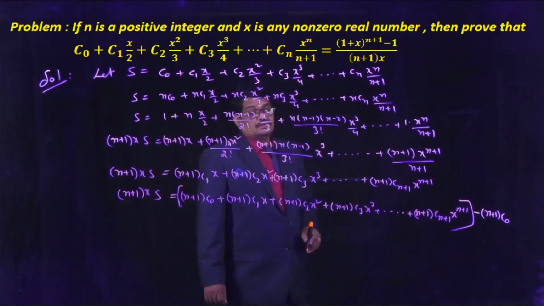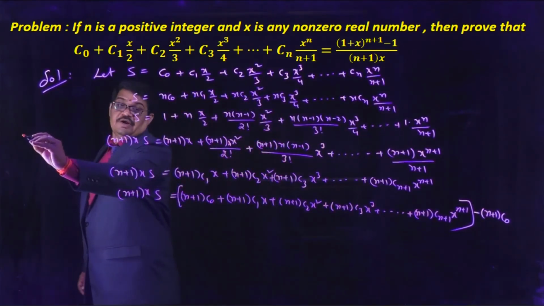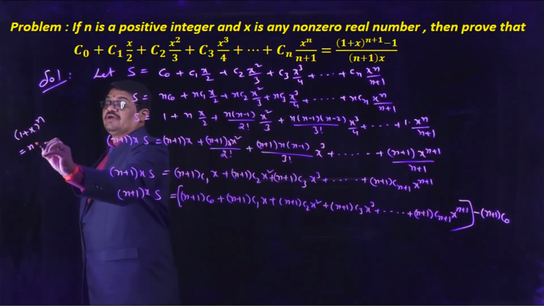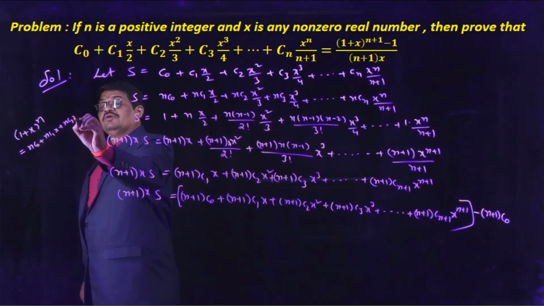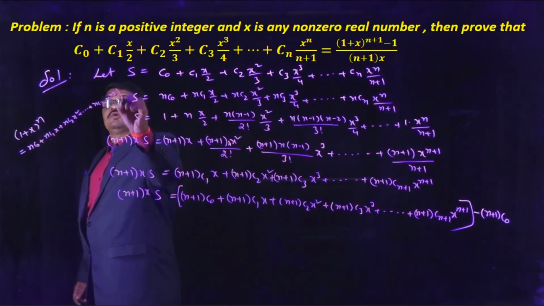We are observing the formula. What is the formula here? The standard binomial expansion of (1+x) to the power n is nC0 + nC1 x + nC2 x² and so on up to nCn x to the power of n.